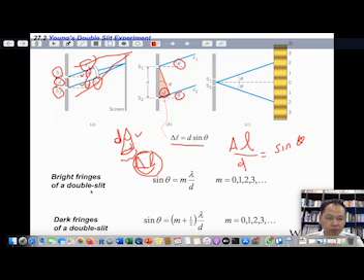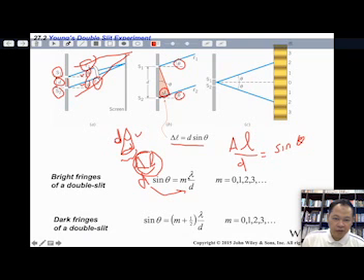The bright fringe of a double slit, you have double slit, okay, it will be every time sine, because this is actually d and d coming to here. Okay, so delta L, d sine theta, and every time it's multiplied by m.